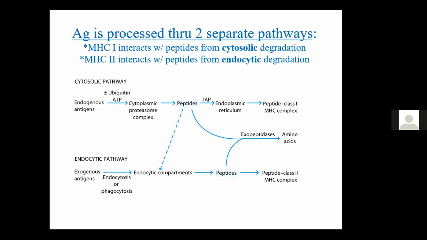But dendritic cells, monocytes, and macrophages are very good phagocytic cells, and they have MHC class 2. When these antigens have been phagocytosed or endocytosed, they become broken down.